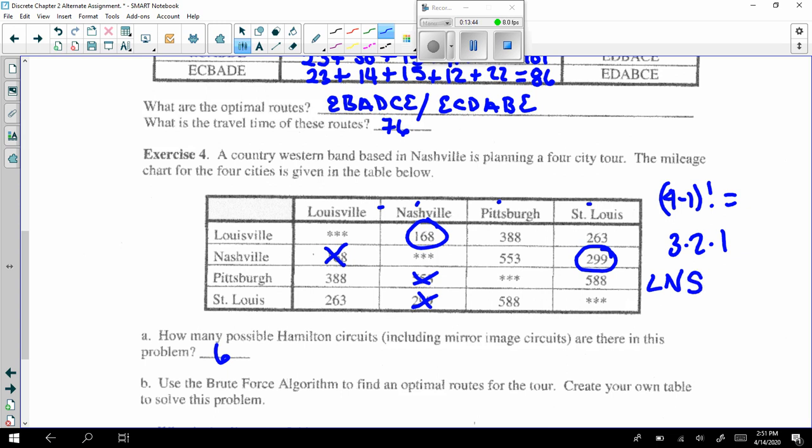So then I don't have St. Louis as an option again. And from St. Louis, I can either go to Pittsburgh or Louisville, but I have to go to Pittsburgh, right? So I'm going to go to Pittsburgh. All right. And then from Pittsburgh, I'm going to go back to Louisville.